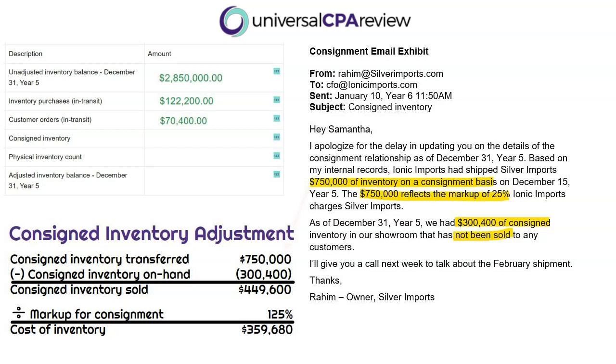Right, so what we can do is take the consigned inventory that was transferred, which totaled $750,000. And then from the email, it said that they still have $300,400 on hand. So that means they sold consigned inventory of $449,600. Now that's the revenue related to that sale and not necessarily the cost for that inventory, right?